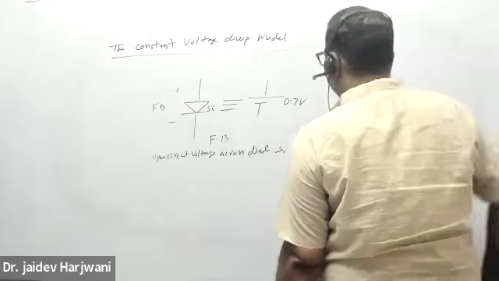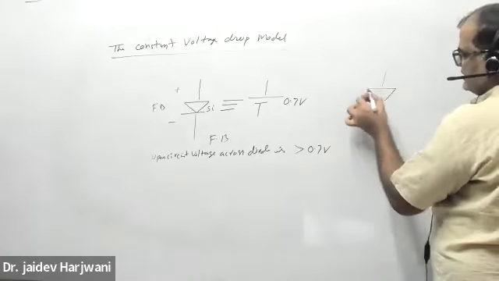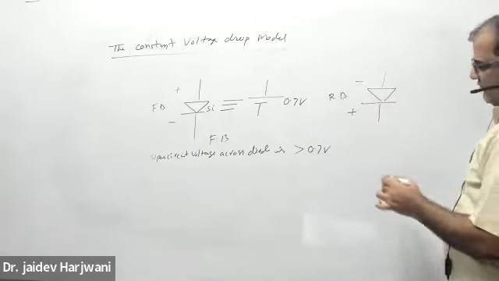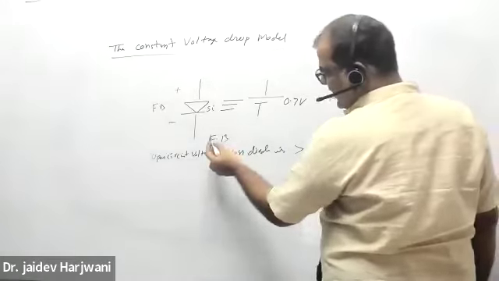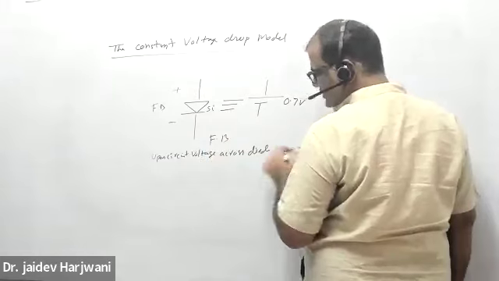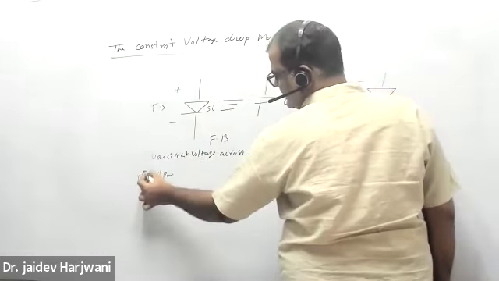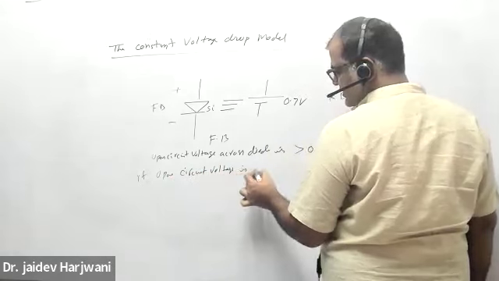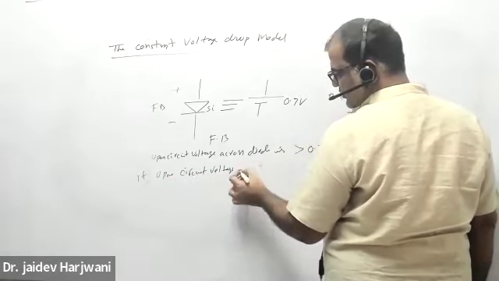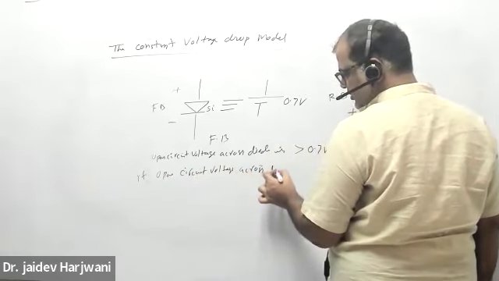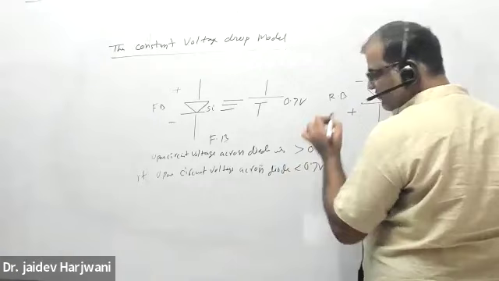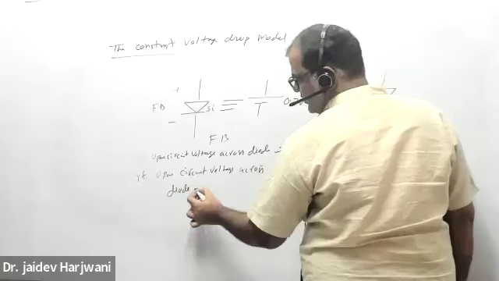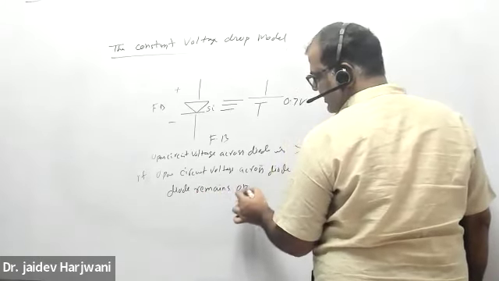And similarly, if the diode is forward biased and the open circuit voltage across the diode is less than 0.7 volt, then the diode remains open.